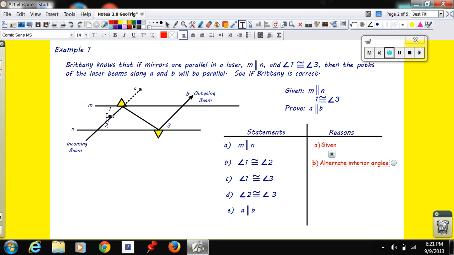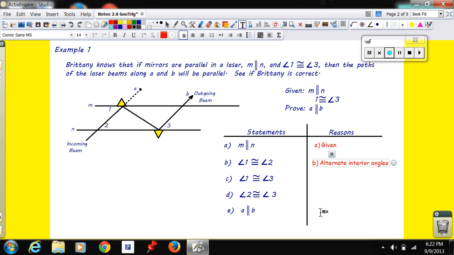That means that alternate interior angles have to be congruent between these two lines, not between A and B. I don't know if A and B are parallel yet, but I do know that M and N are parallel. So that means 1 and 2 have to be congruent because M and N are already parallel. That means they're already making the same angles. So 1 and 2 are alternate interior angles.